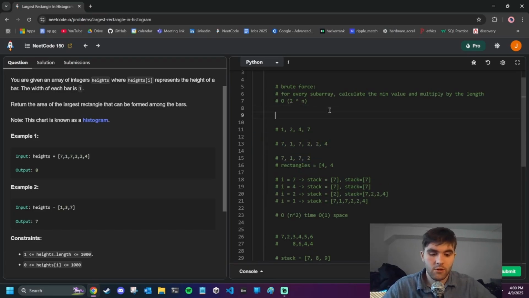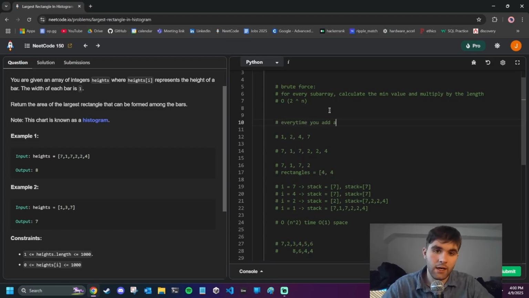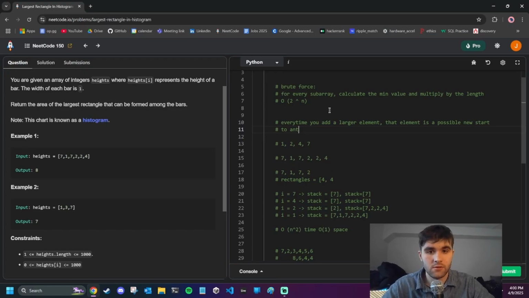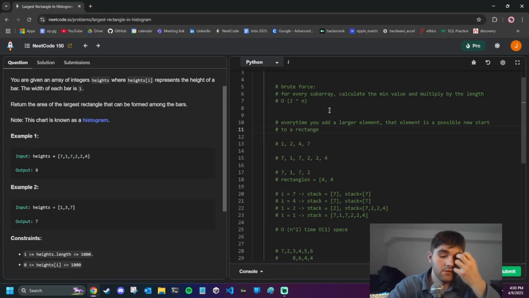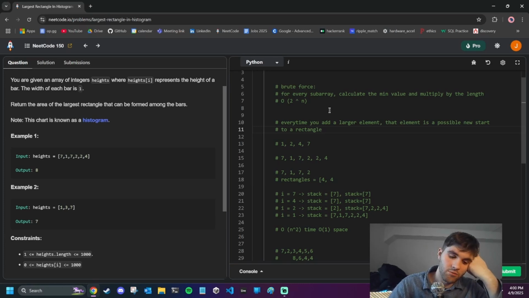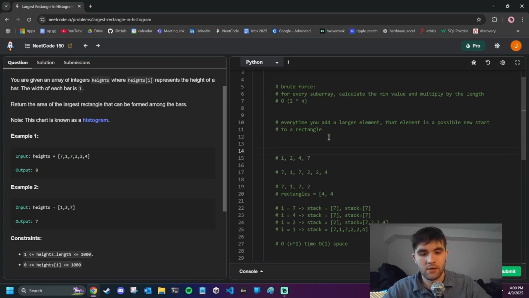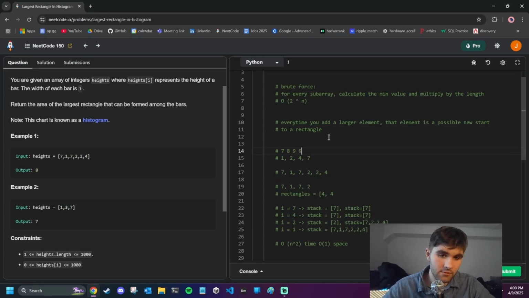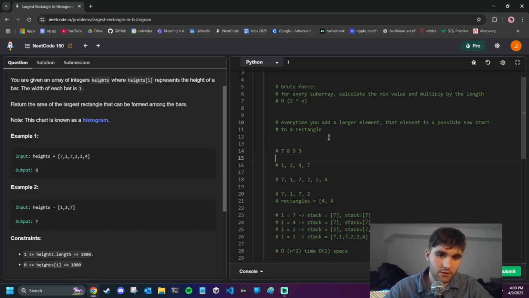So every time you add a larger element, that element is a possible new start to a rectangle. Every bigger element that you add is a possible new start. But if you go beneath, say you have something like 7, 8, 9, and then 3.